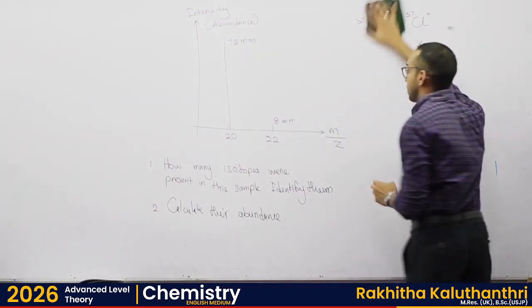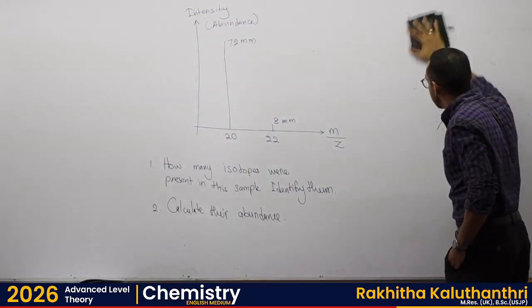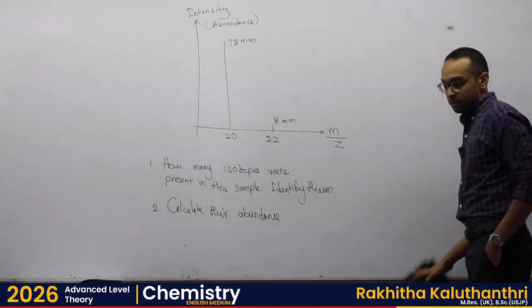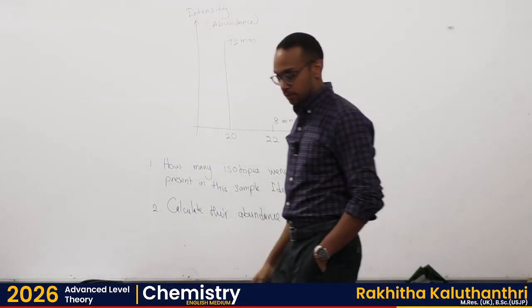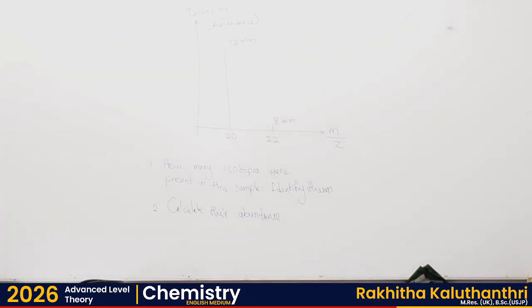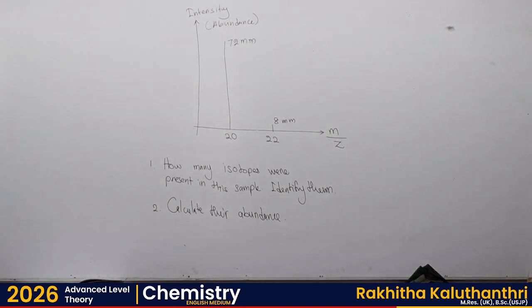We don't need this. Neon is Ne. You should know its atomic number. What is the atomic number of neon? Anyone? Atomic number? Yeah, correct.